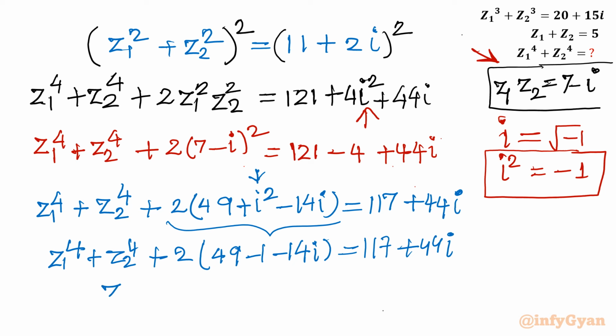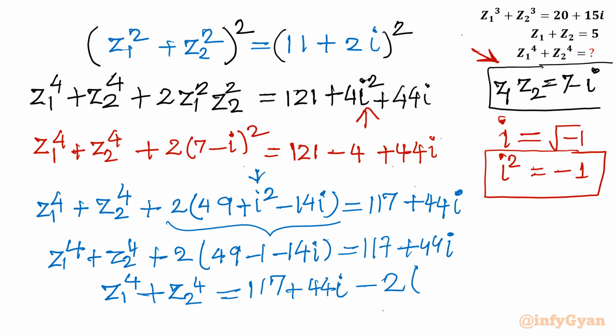Now I will write straight away z1 power 4 plus z2 power 4 would be equal to 117 plus 44i, then minus 2 times in bracket 48 minus 14i.